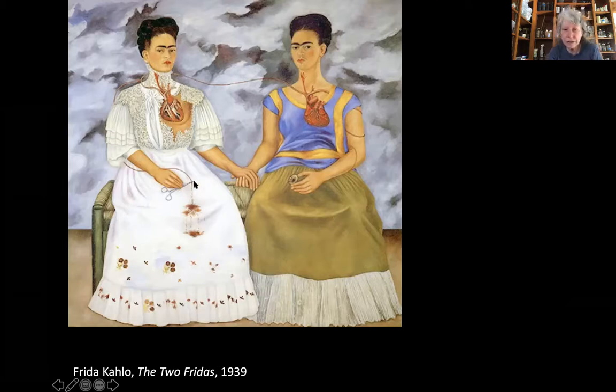But the other figure is holding a little hemostat that's used in surgery to stop blood from flowing through an artery or a vein. And yet its blood is still dripping, symbolically illustrating the pain of this separation. So, what's going on here?